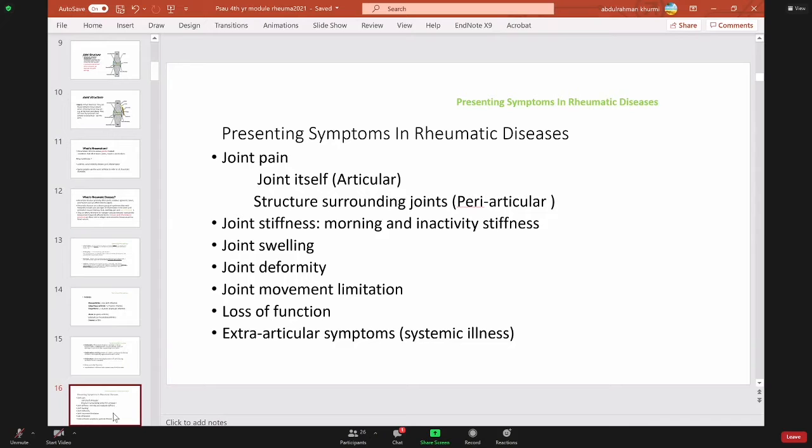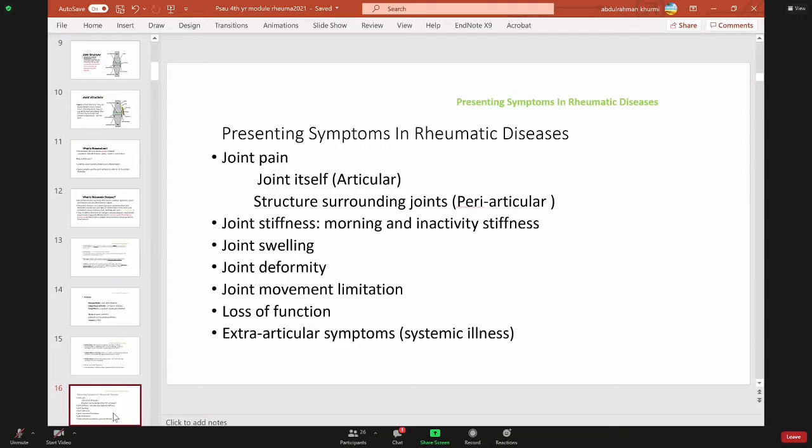The common symptoms in arthritis and rheumatic diseases, like inflammatory arthritis in general, include joint pain, either of the joint itself, articular, or of the surrounding structures like capsules or ligaments, periarticular. It leads to joint stiffness. In the inflammatory process, we usually speak about morning stiffness, which comes after a long period of rest, while in mechanical arthritis the pain comes after movement.